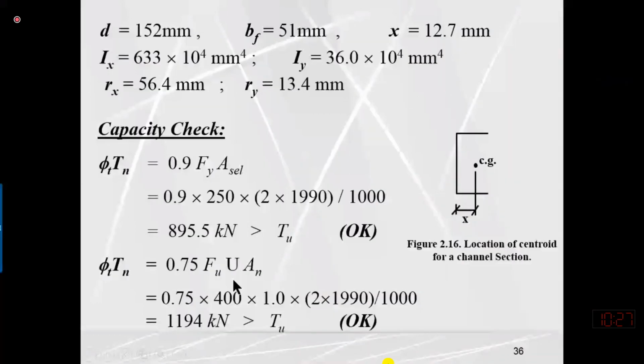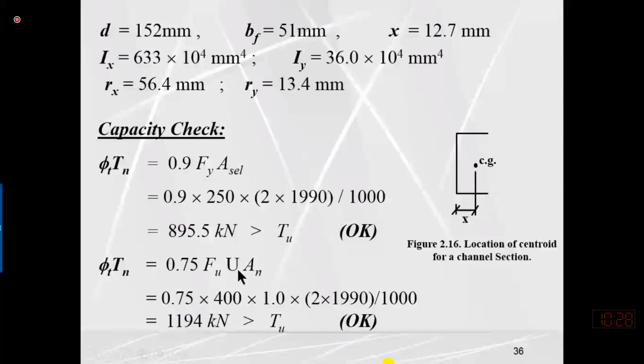Anyhow, we did not use the rupture criteria for the calculation of the required area, but we may check the capacity in rupture also. In rupture, phi t value is 0.75. In rupture criteria, we have to use the ultimate stress and effective area. Effective area is equal to U, the shear lag factor, multiplied by net area.